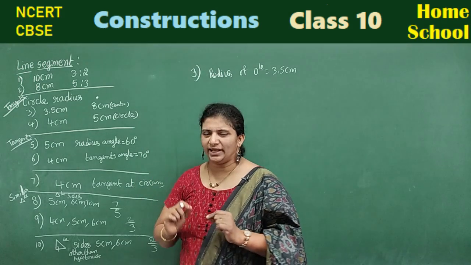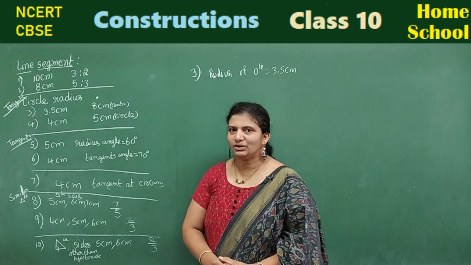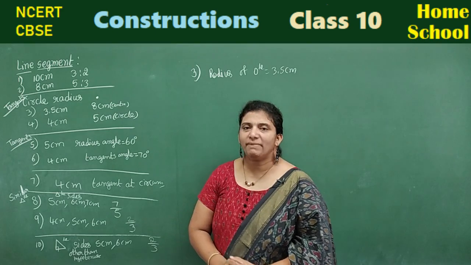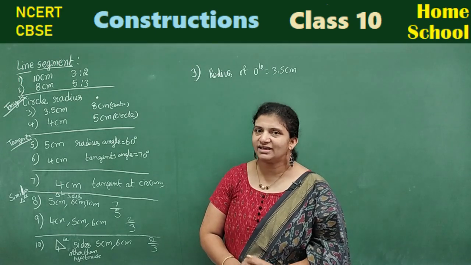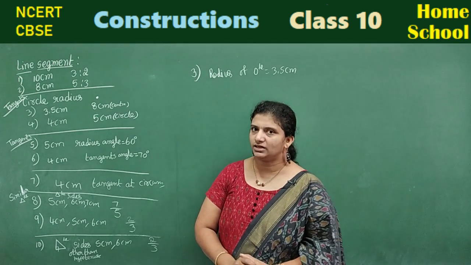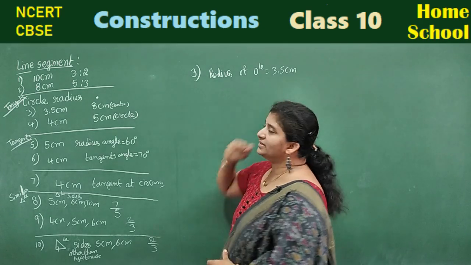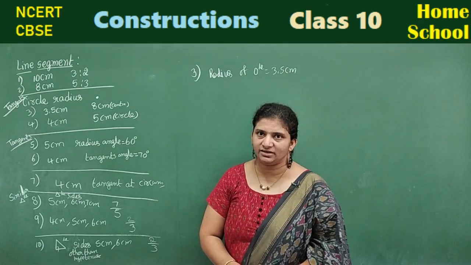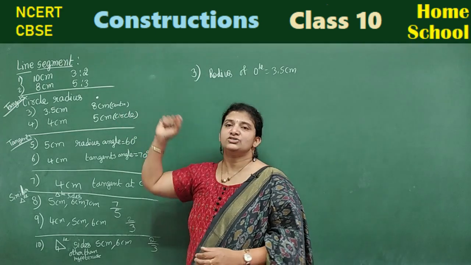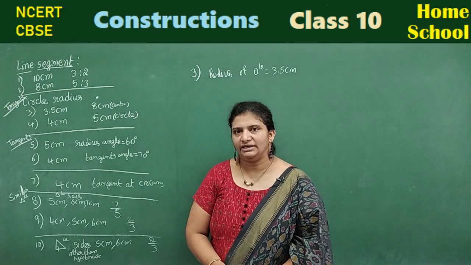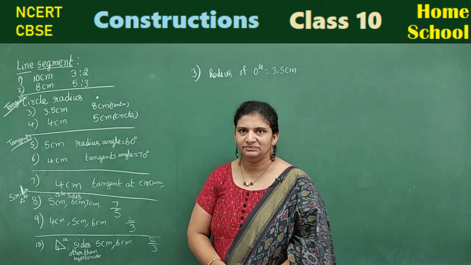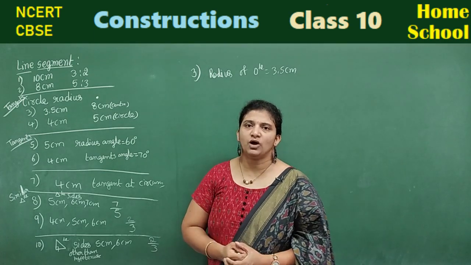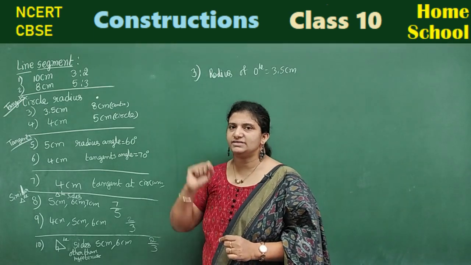This point is very important. Let me read the question again. Draw a pair of tangents from an external point to a circle having radius 3.5 centimeters, at a distance of 8 centimeters from the center. 8 centimeters is the external point distance.